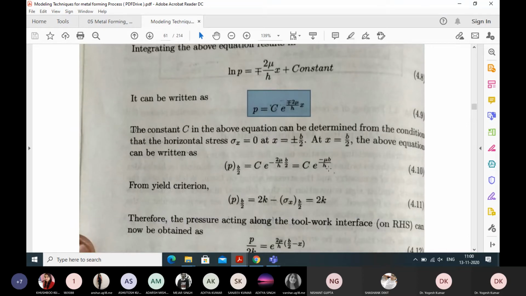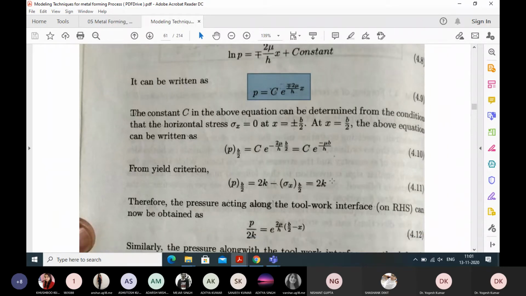But from the yield criteria, we can put the values sigma at b/2 equal to twice k minus sigma x at b/2. Since sigma x at b/2 is 0, the pressure at x equal to b/2 will become twice of k.